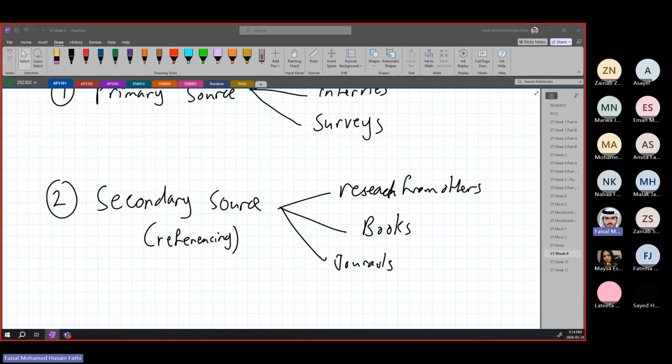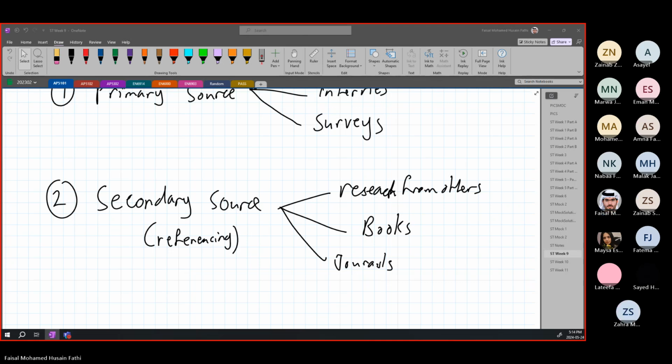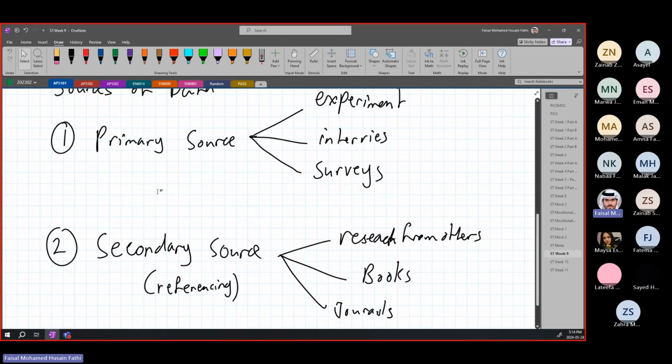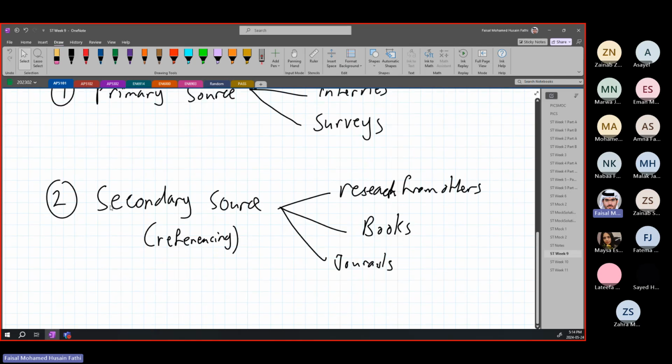All of this is the types of sources that you can get your data from. So the first one is a primary source of data, where you are involved in getting it yourself. And the second is a secondary source, by going and finding someone else's work.